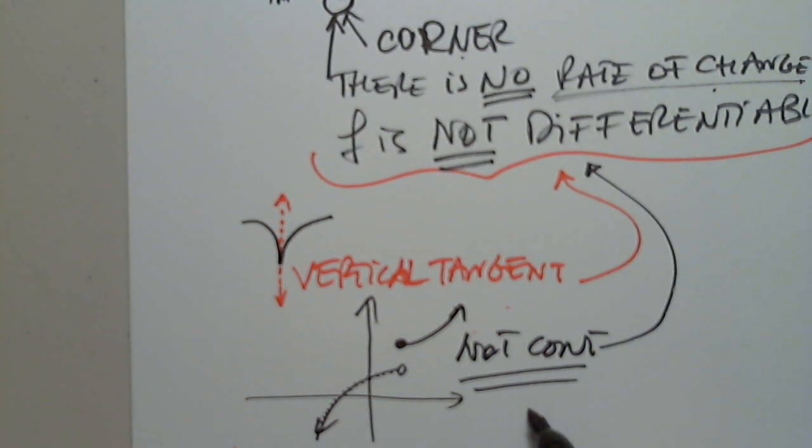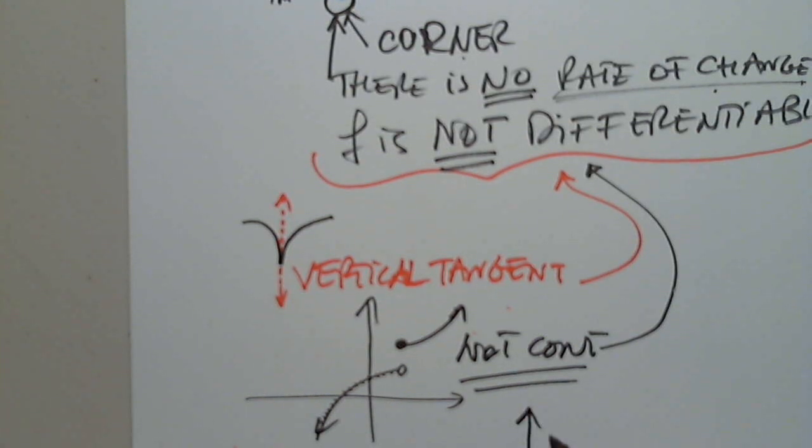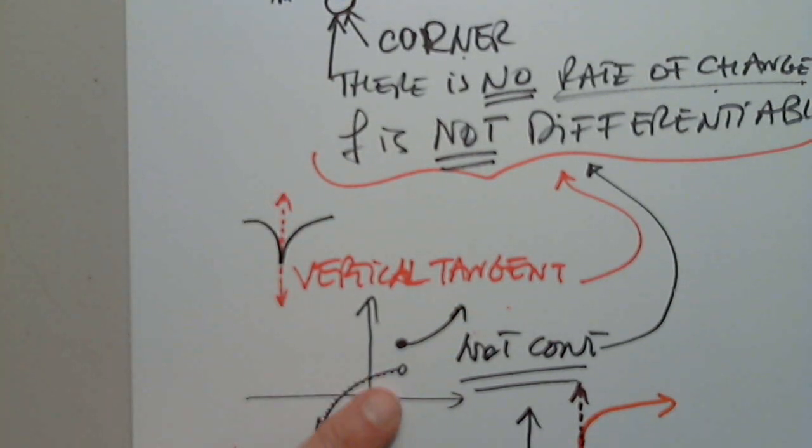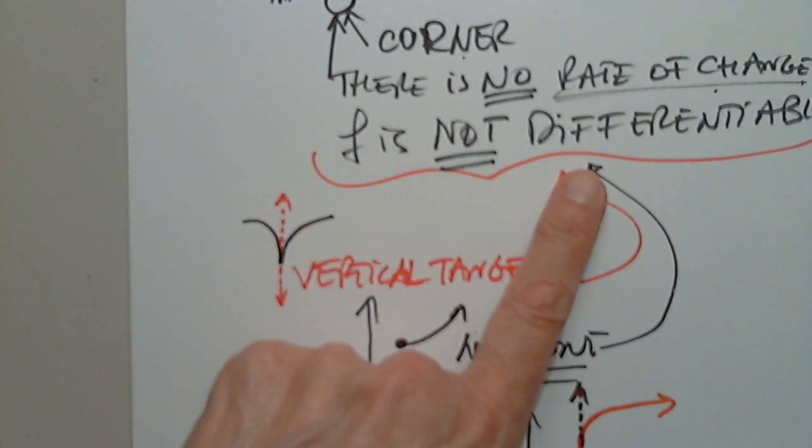And here's the last situation, which is similar to this one. Exactly the same: at this point, there is a vertical tangent. So a corner, a cusp, not continuous, and vertical tangent, the function is not differentiable.